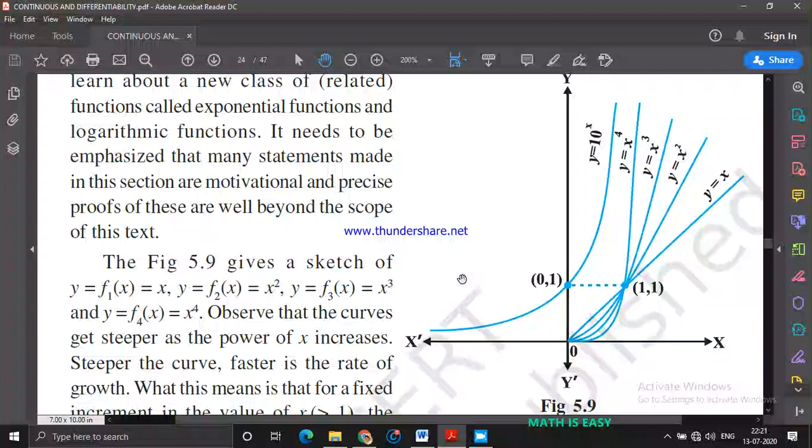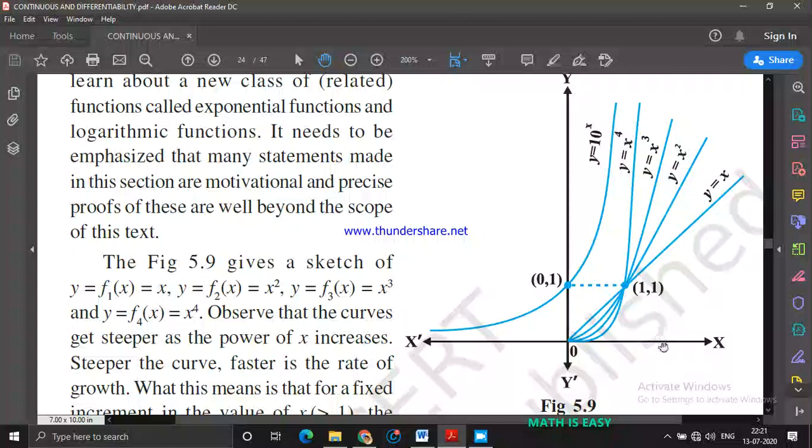Now what happens here is, as x moves on the positive x-axis from 0 towards infinity, in the first case when y equals x, the value of y increases very slowly. For example, if x is 5, then the y value is also 5. But when I take y equals x square, if x is 5, then my y value is going to be 25 because 5 square is 25.